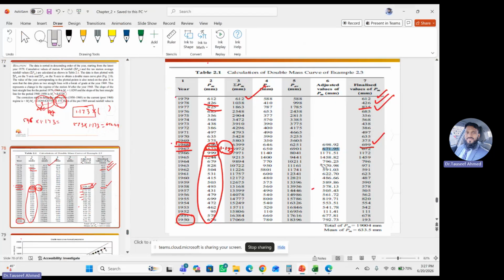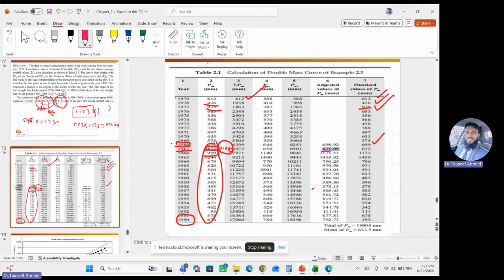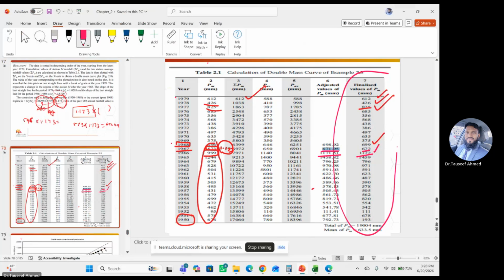Now see here, 671.95, they round as 672. Now you can check, okay? 1171.51, they did round figure as 1172, likewise. So finally, they got the correct value of station M.